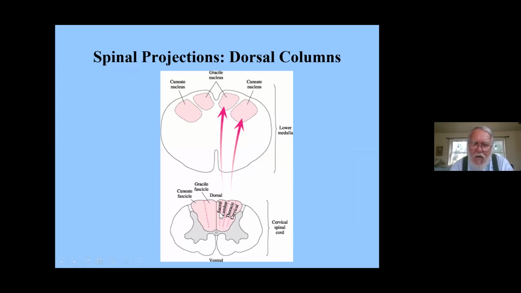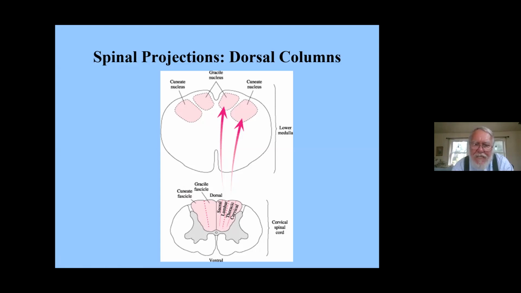And again, on this side, as I try to show you, as the fibers way down in the caudal portion of the spinal cord, the information comes in and ascends medially, and then any additional information is put on lateral to that.